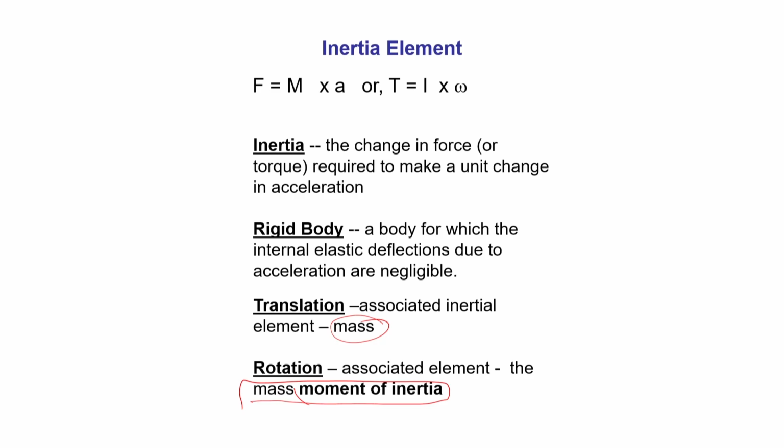For example, the inertia element is a kinetic energy storage system, something similar to what we did for flywheels. This is about the inertia. And then when I talk about the spring, this is the potential energy storage system.